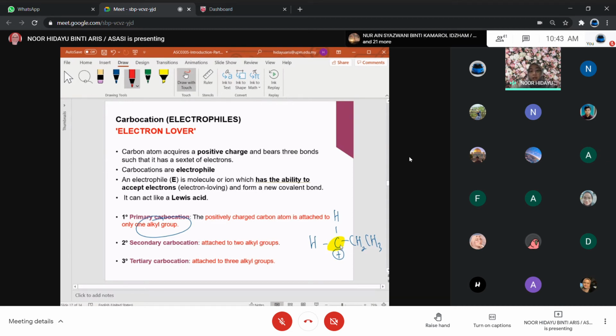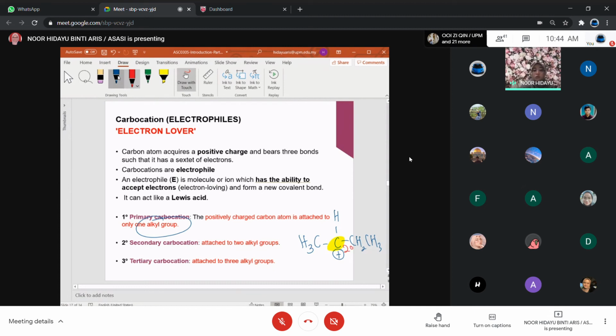Apa carbon lain yang dipegang? 1. Cuma satu saja. So this one will be primary carbocation. So kalau dia pegang 2 CH3, classify the carbocation, secondary. Dia akan jadi secondary.